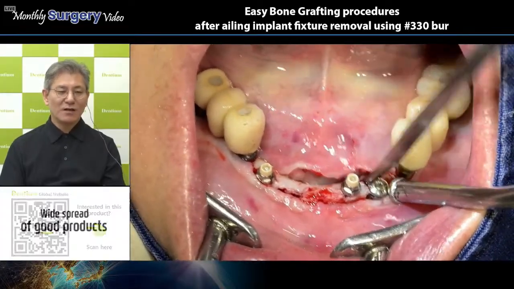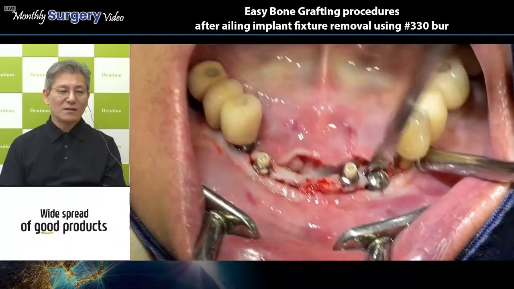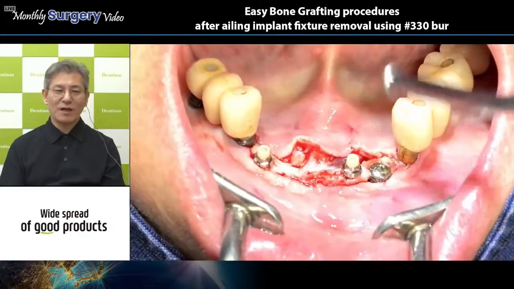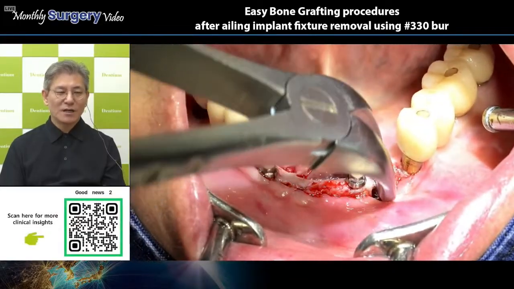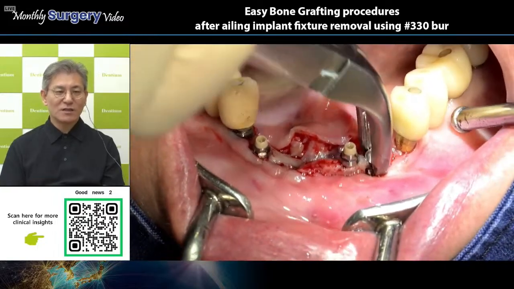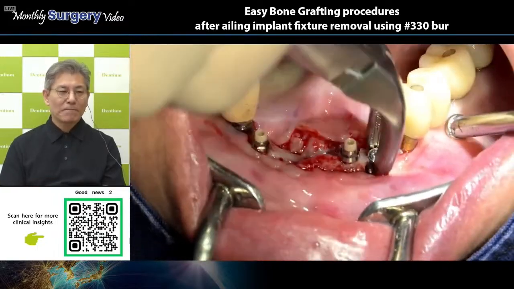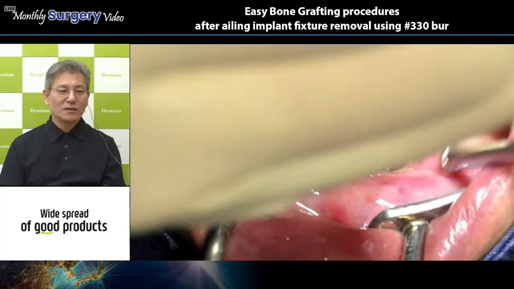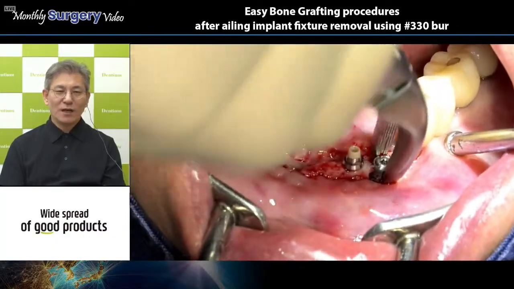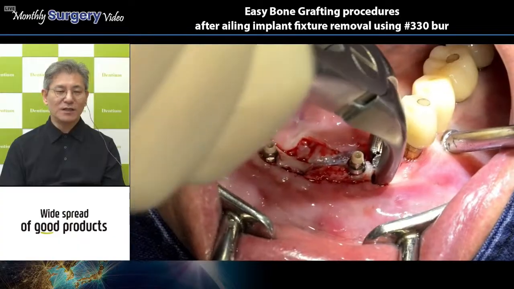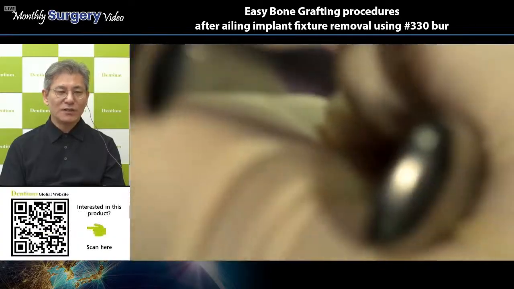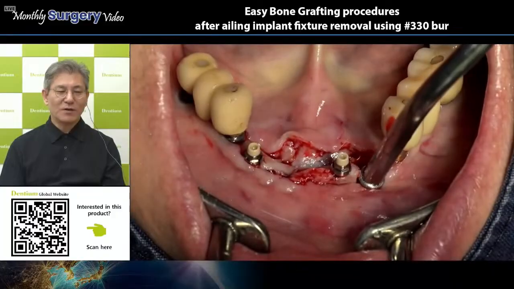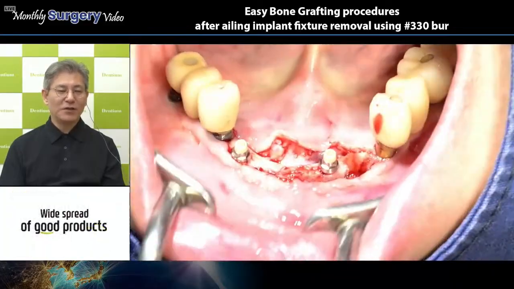A small tip elevator is located between the implant fixture surface and the trench area, and a little bit of small luxation, like extraction of natural teeth. And when we have some mobility, this small root forceps can be applied for removing the implant fixture.